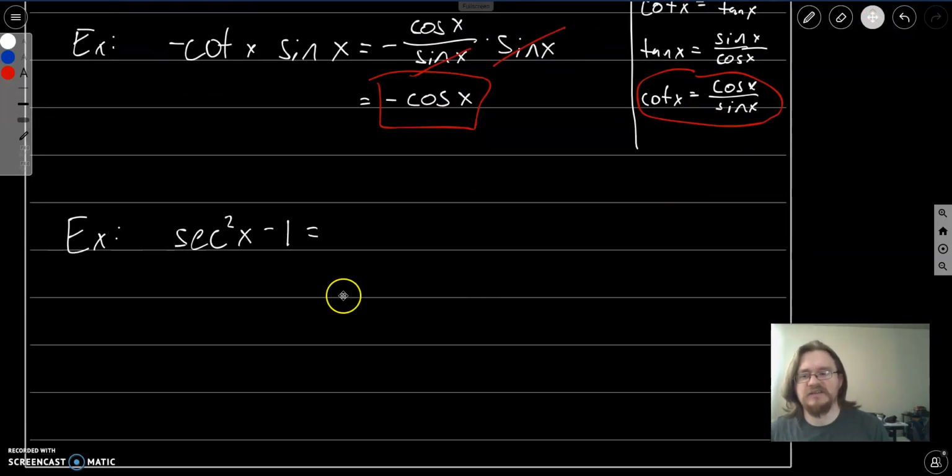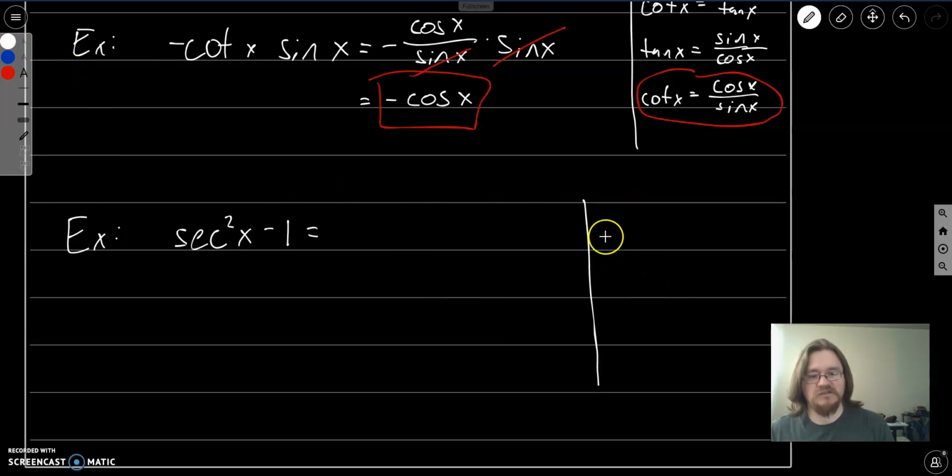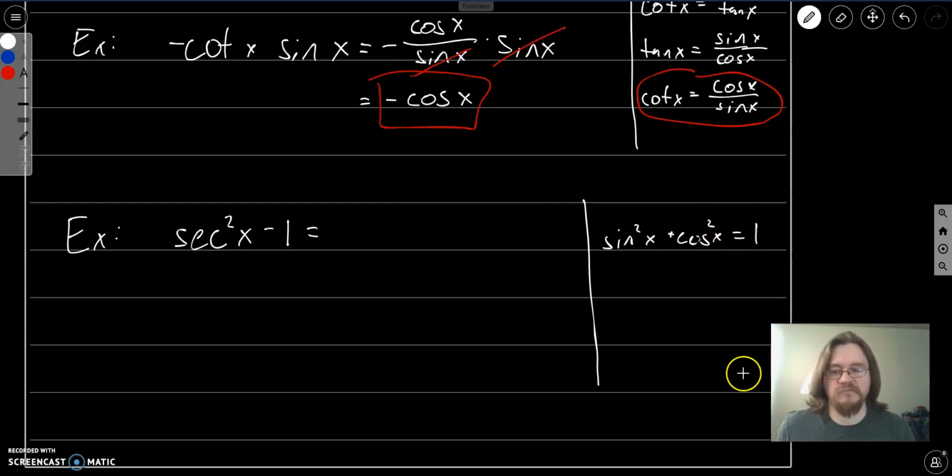Well, right away, I see I've got a squared trig function here. This looks like one of our Pythagorean identities. So let's remember what our Pythagorean identities were. We had sine squared plus cosine squared is equal to 1.